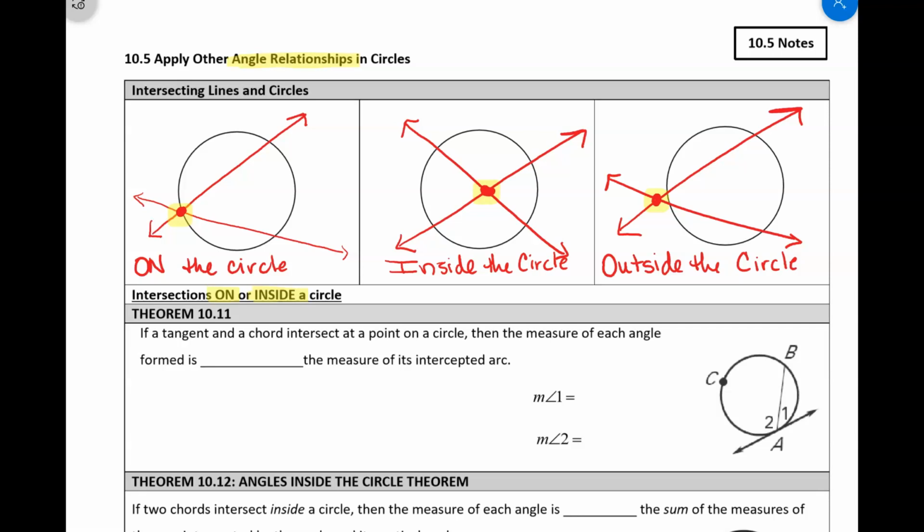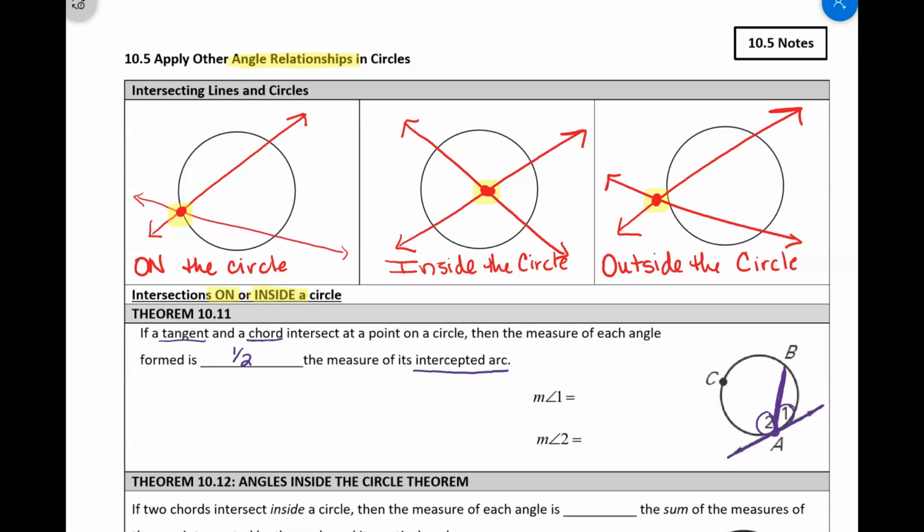So theorem 10.11 states, if a tangent and a chord, so now let's look at this over here. This is a tangent and this is a chord, intersect at a point on the circle, then the measure of each angle formed, so look here, angle 1 and angle 2, is going to be half the measure of its intercepted arc.